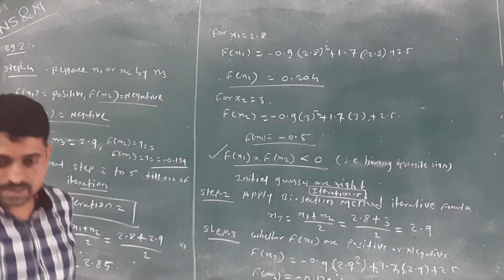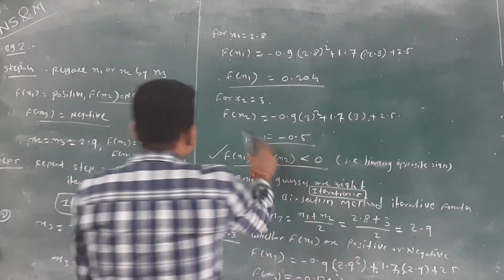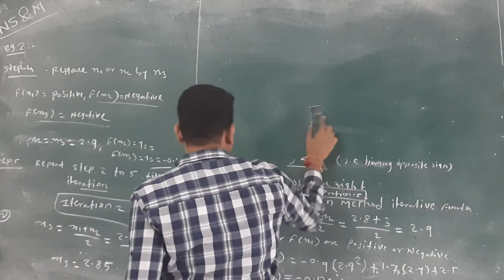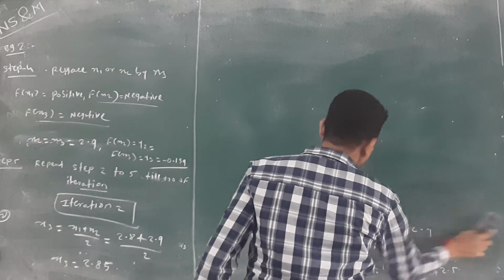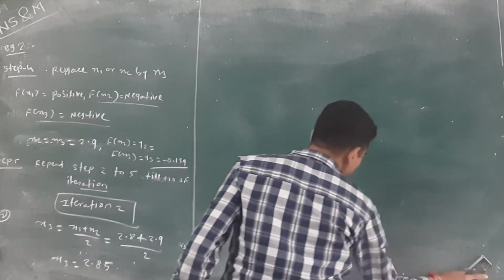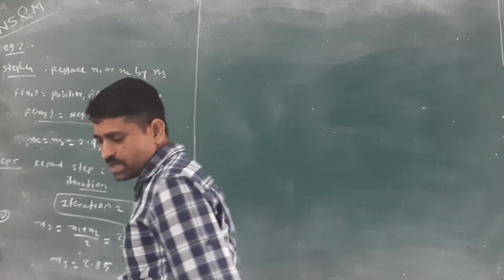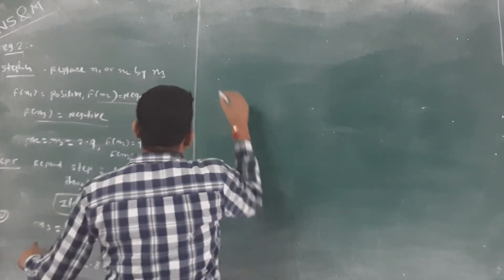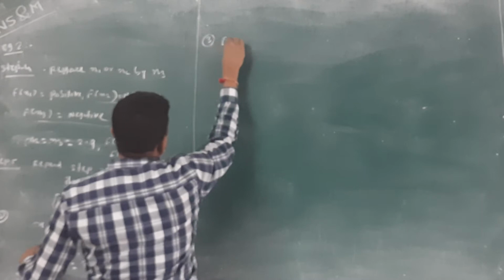Okay. Then next we want to solve step number 3. What is step number 3? You have to check whether f of x3 is positive or negative. Step number 3, I will check directly.